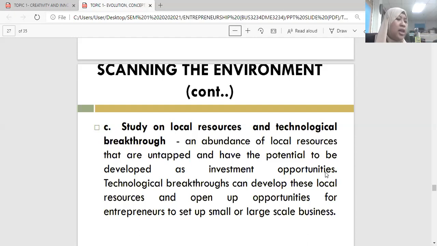Not only working as labor at the factory line, but also job opportunities as a cleaner, as a food producer, inside the canteen or cafeteria, giving everybody job opportunities. It's a very simple example, but it can actually open your mind. It's something like a brain opener. This is the opportunity for entrepreneurs to set up a small or large scale business.